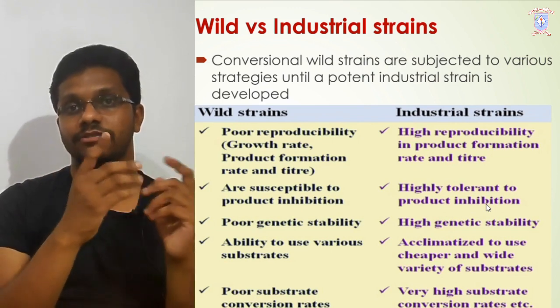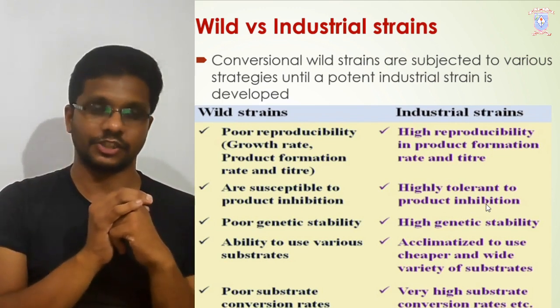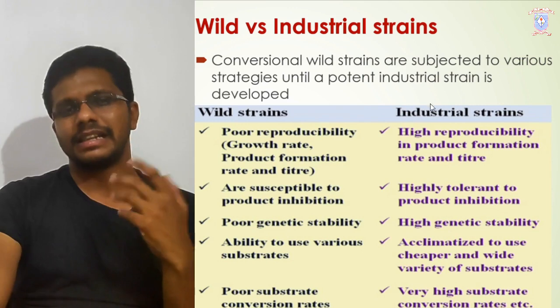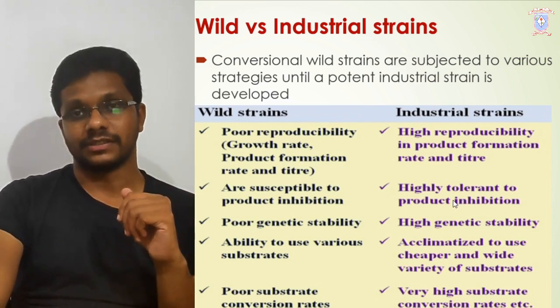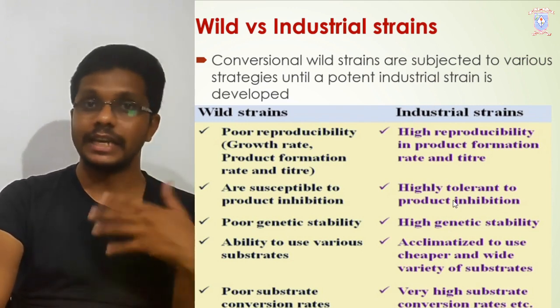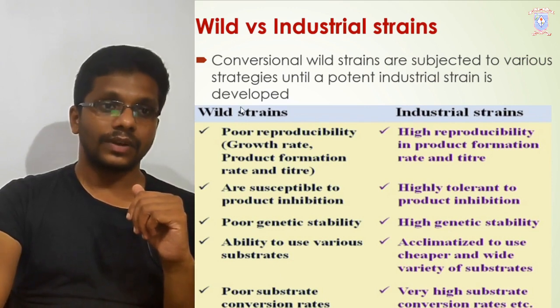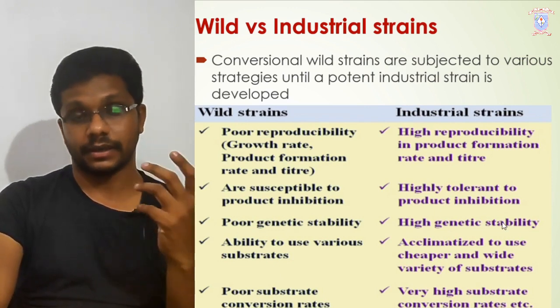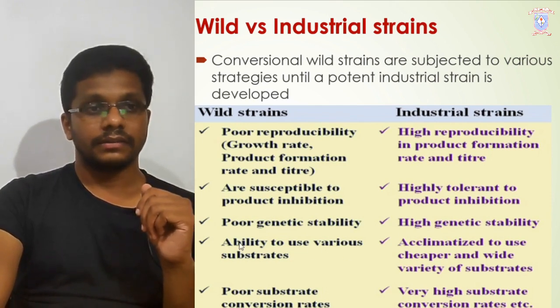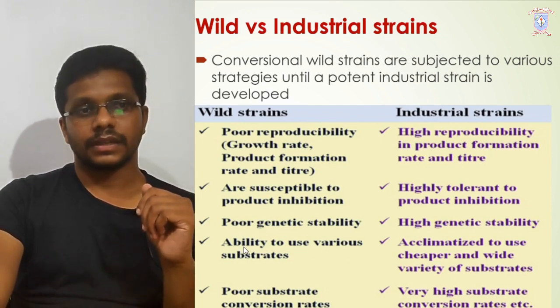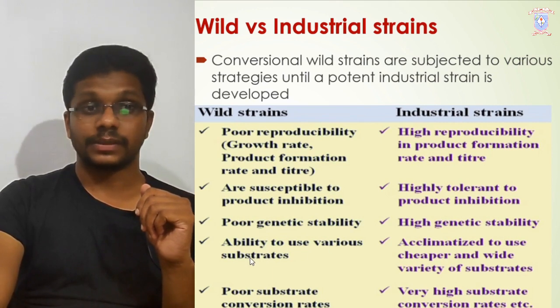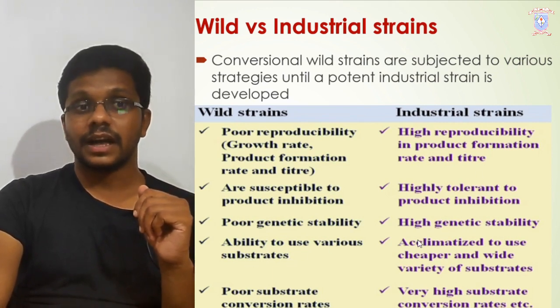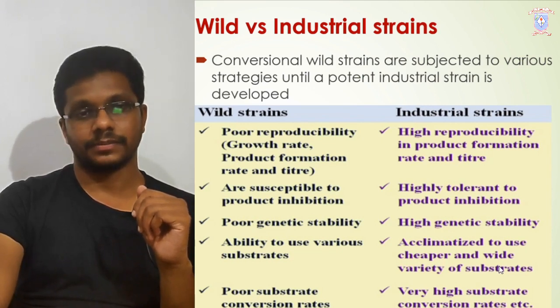You must have heard about feedback inhibition and feedback repression. The industrial strains are basically immune to those types of inhibitions, so that the product formation will be high, the yield will be high. For the wild strain, genetic stability is poor, but for the industrial strain, genetic stability is high. Then the wild strains are able to use a variety of substrates, but the industrial strains are acclimatized to use cheaper and wider varieties of substrates.